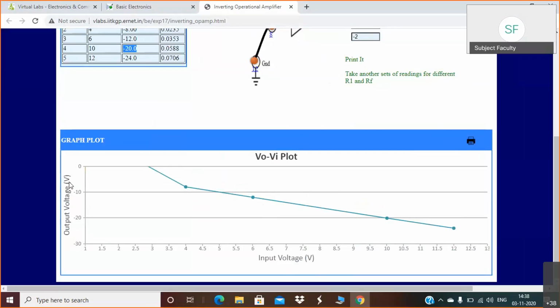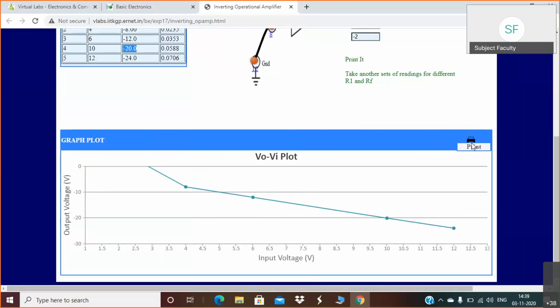If you remember, we have seen that the inverting amplifier and non-inverting amplifier are linear applications of op-amp. Why linear applications? Because input voltage and output voltage are in a linear relationship.